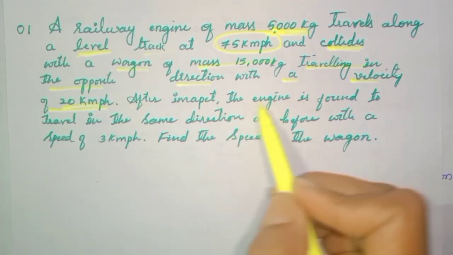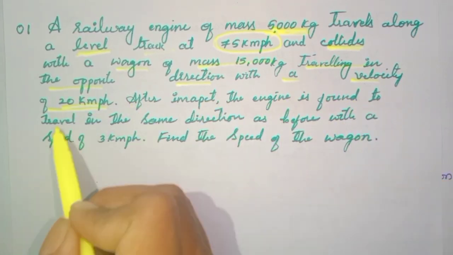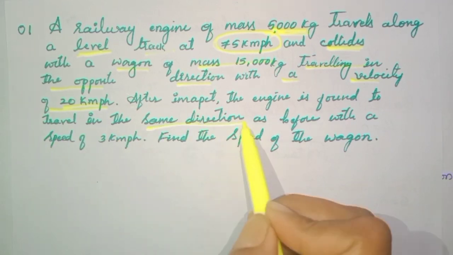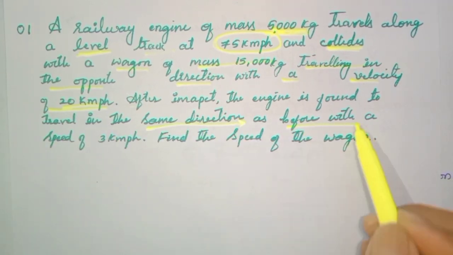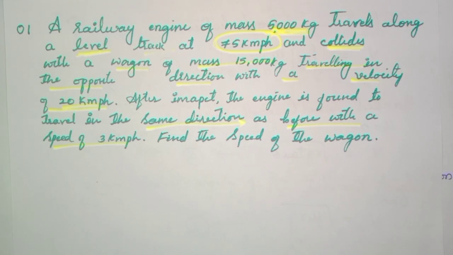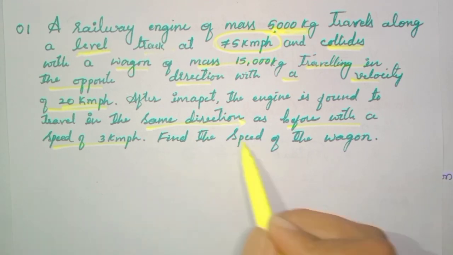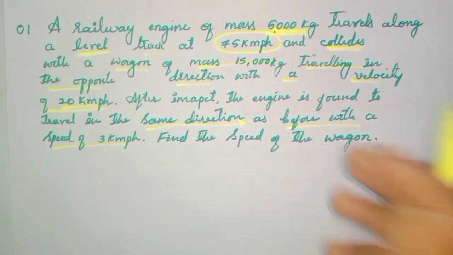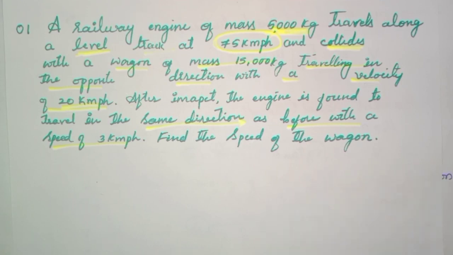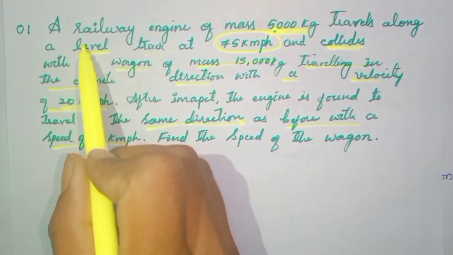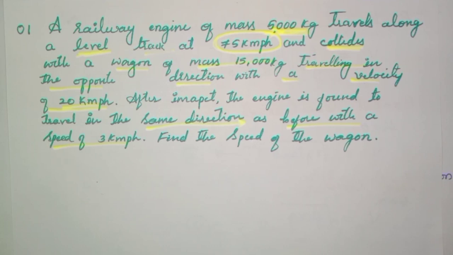After impact, the engine is found to travel in the same direction as before with a speed of 3 km per hour. Find the speed of the wagon. Here we have to find the speed of the wagon after the collision.